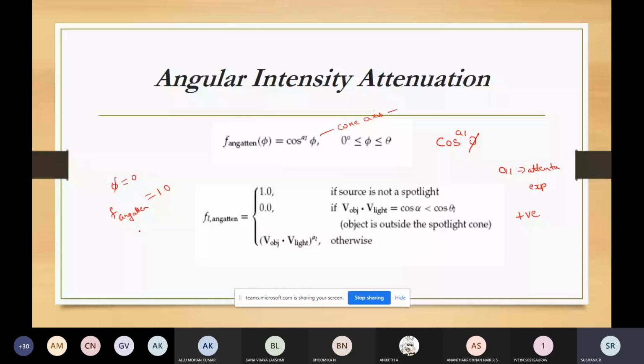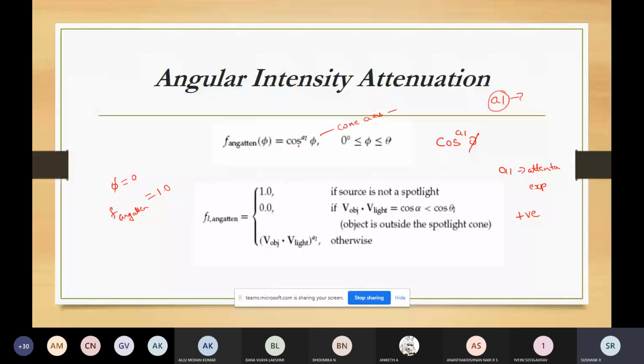This is regarding the value phi, and also the greater the value for the attenuation component A1. As A1 keeps on getting greater, the smaller the value for this angular intensity function.